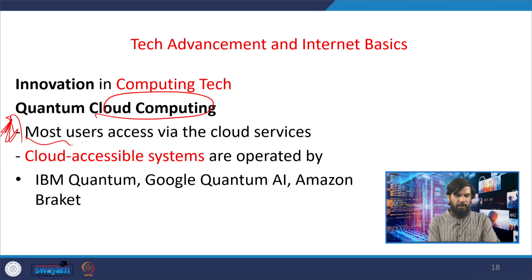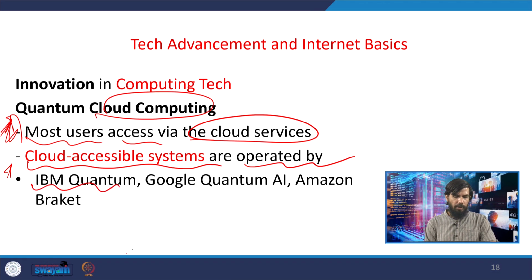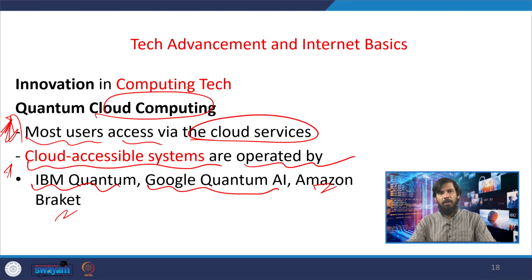Most user access is via cloud services, because most of the companies which have quantum computing setups are these top tech firms, right. Cloud accessible systems are being operated by IBM Quantum, Google Quantum AI and Amazon Braket. These are some of the companies providing access to quantum computing.